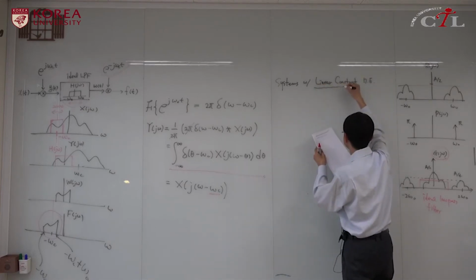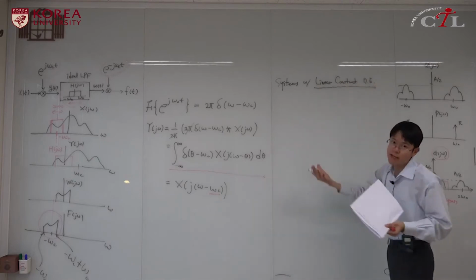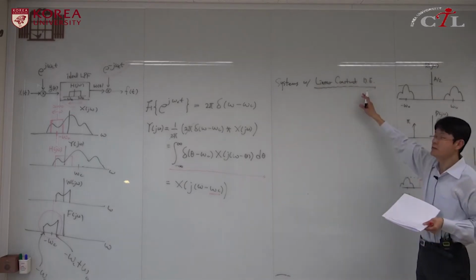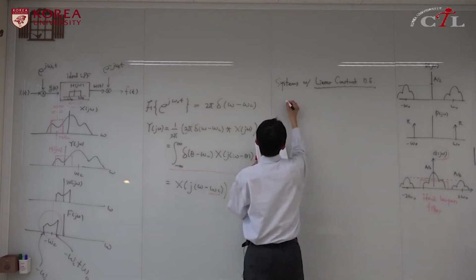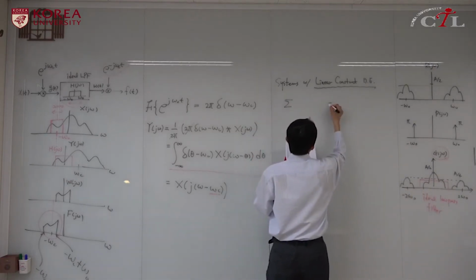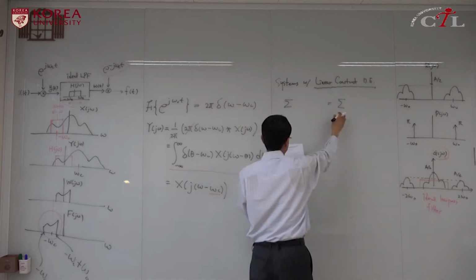We know that if it's fully relaxed, then this is a linear time invariant system, and its very general form has output and input.